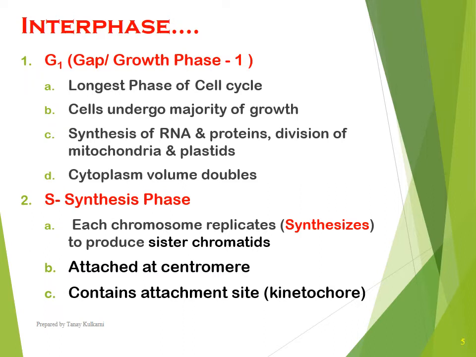What is that? We are going to discuss this, but for the time being, please remember only these 3 points. If I want to summarize the S phase in a simple sense, you can write that what is happening in S phase is the duplication or replication of DNA and condensation of chromosome.